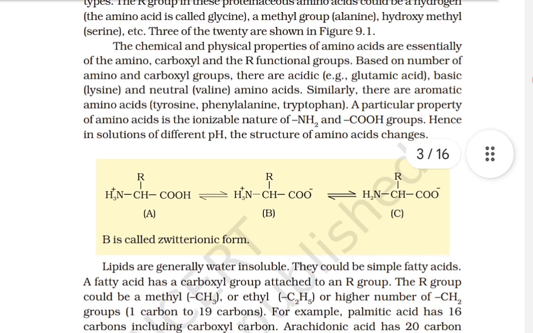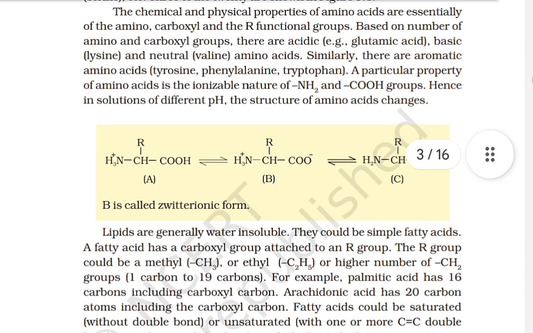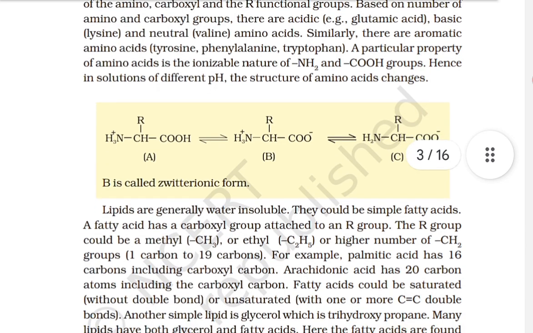Similarly, there are aromatic amino acids like tyrosine, phenylalanine, tryptophan. A particular property of amino acids is the ionizable nature of NH2 and COOH groups. Hence, in solutions of different pH, the structure of amino acid changes. Understood?